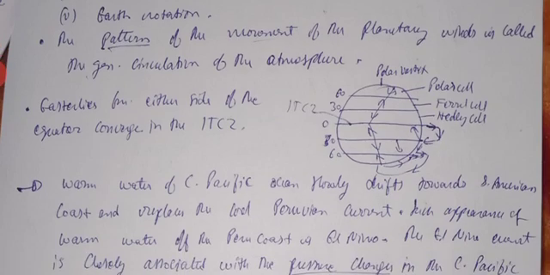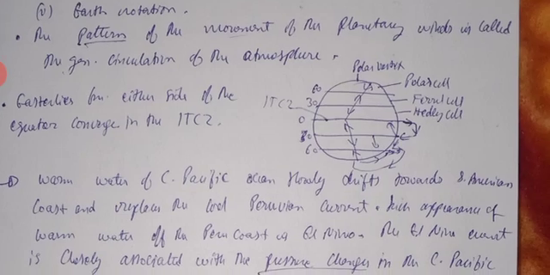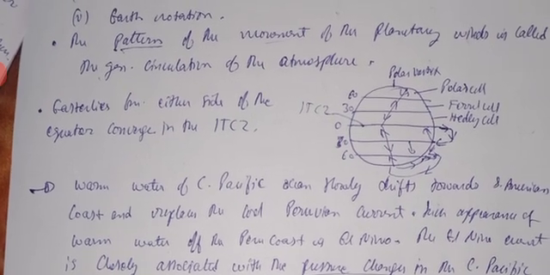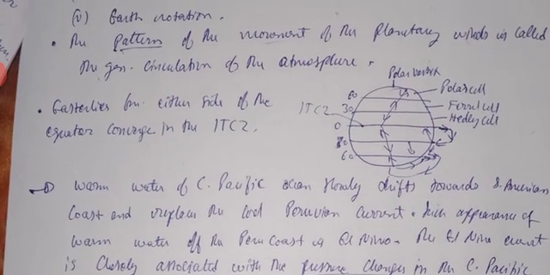Easterlies. Next point, the easterlies move from either side of the equator and converge in the ITCZ. In the diagram, at 0 latitude, there is ITCZ in ideal conditions. The convection cell which is between 0 and 30 degrees latitude is called the Hadley cell.